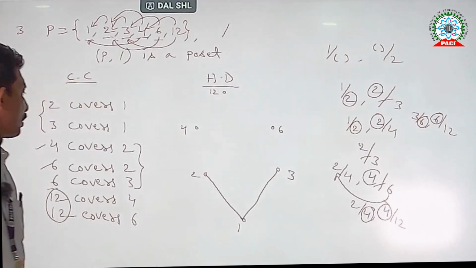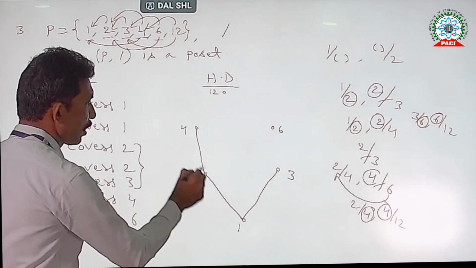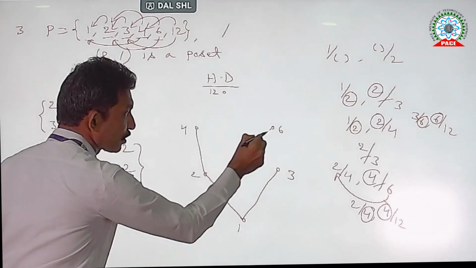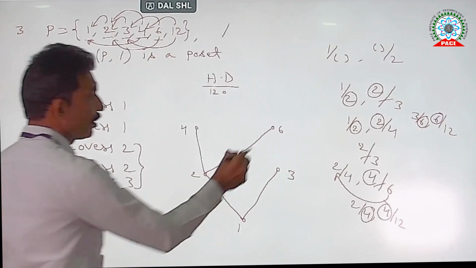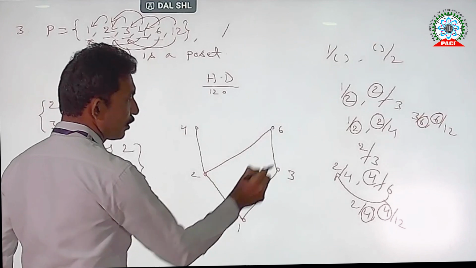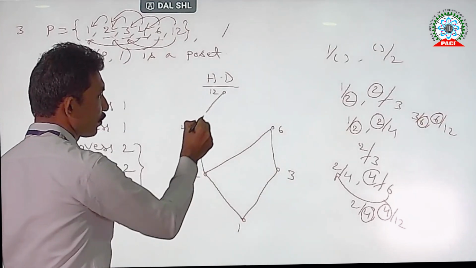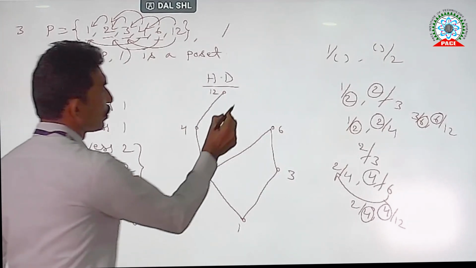Next, 6 covers 3, draw 6 to 3. Next, 12 covers 4, draw 12 to 4. And next, 12 covers 6, draw 12 to 6. So this is the required Hasse diagram for divisibility. So this ends this lecture. Thank you.